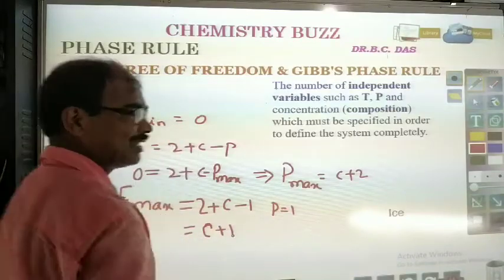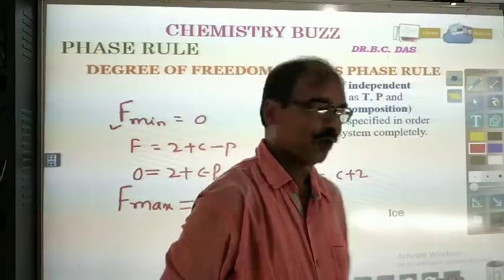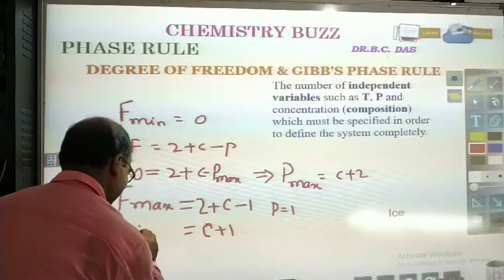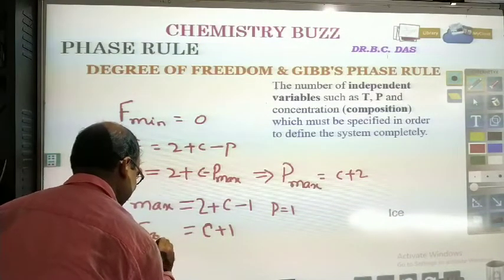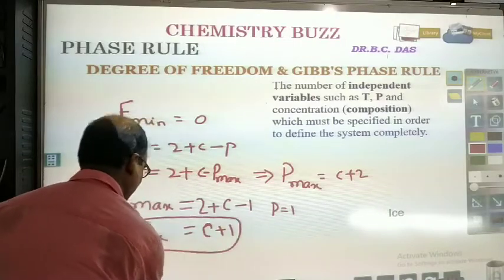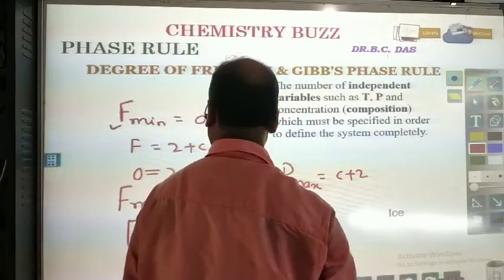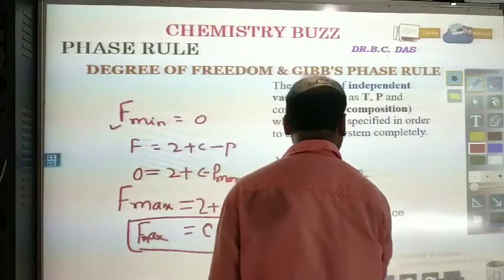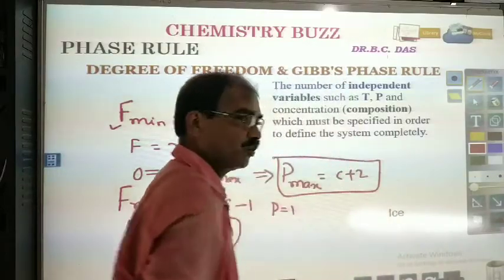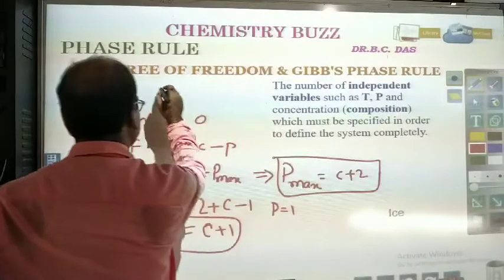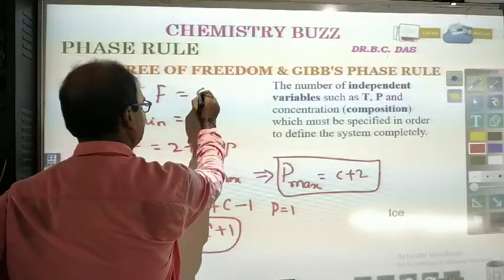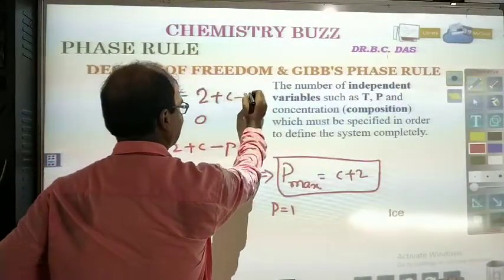So F max is equal to C plus 1. We have figured one more relation. F max is equal to C plus 1 and P max is equal to C plus 2. These are two relations in addition to the Gibbs phase rule, F is equal to 2 plus C minus P.